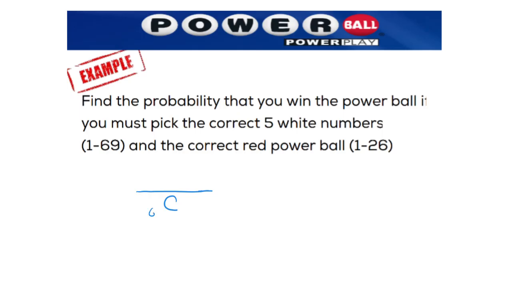I have 69 white little ping pong balls, and I am spitting out 5 of them. It's not like I'm going to do 6 white ones this time. Nope, it's always 5 white ones, and then you have 26 red ones, and you're going to choose one of those to be the Powerball number. So that's the number of ways that it can happen.